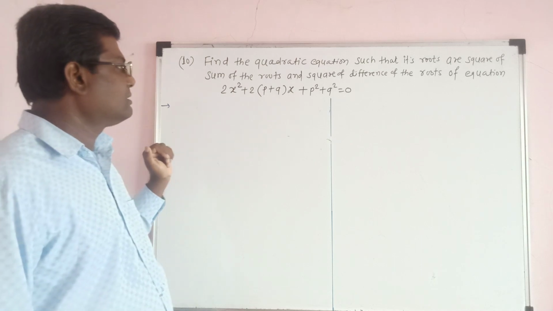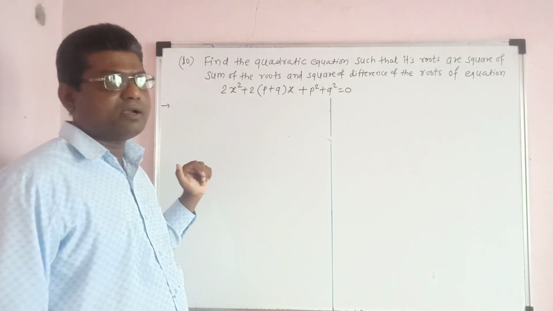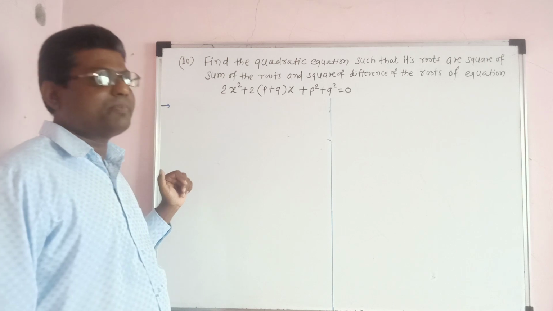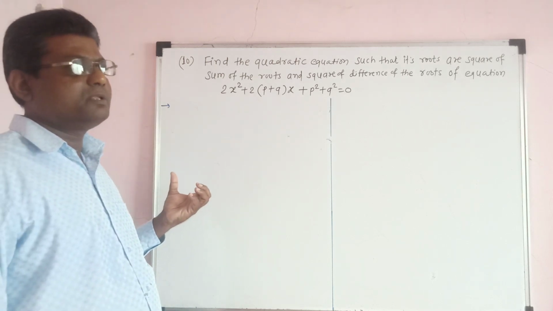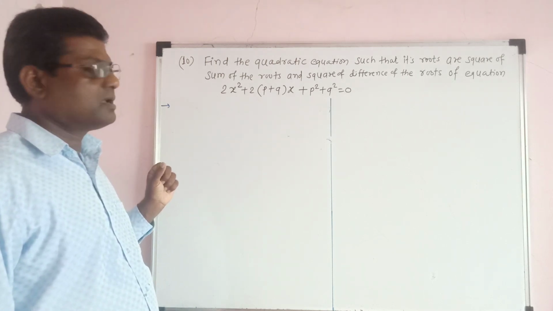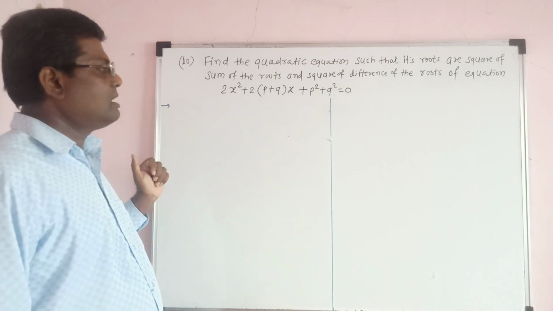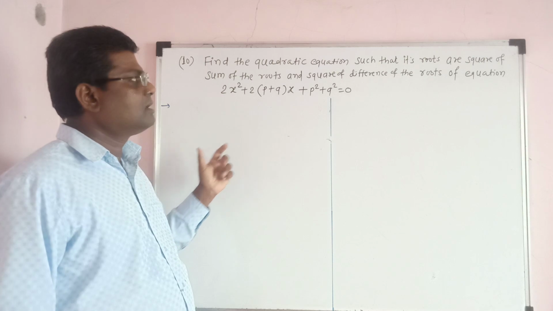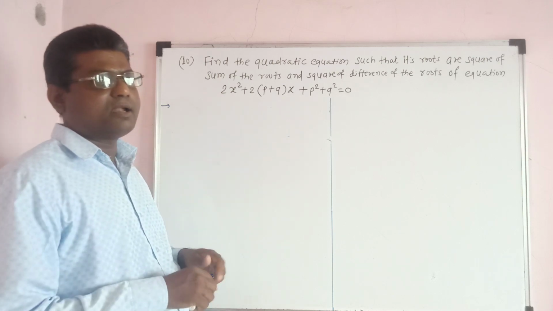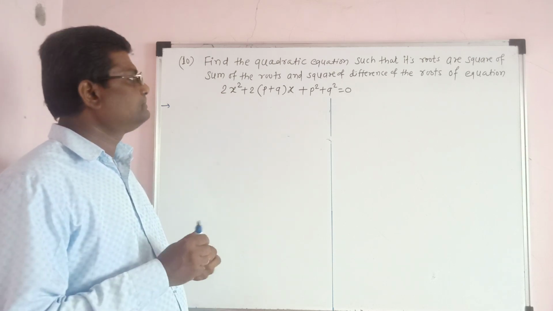Thus, finding the roots of the required quadratic equation, we find the sum of the roots and the product of roots of the required quadratic equation, and by using a formula we form the required equation here.